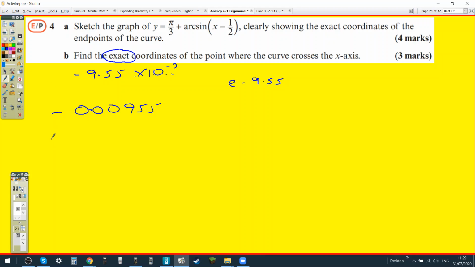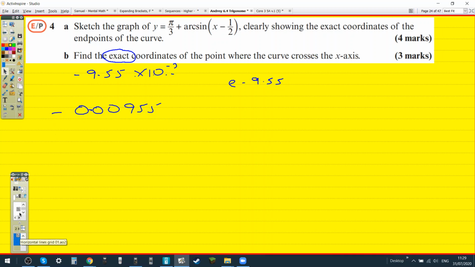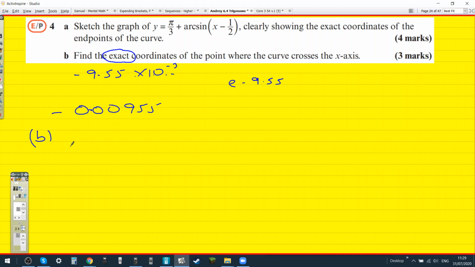And so how can we get exact coordinates? Would I need to do y equals 0? Yep. And so do I just do 0 equals pi over 3 plus arcsin of x minus a half?